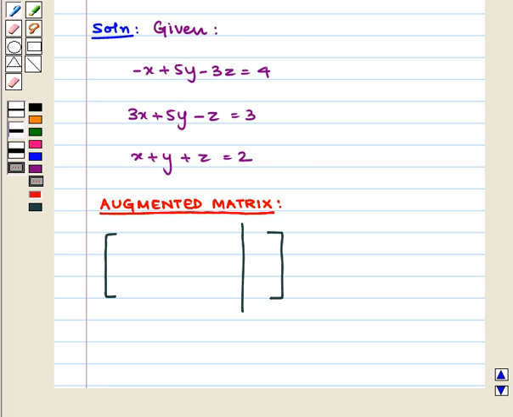The first three columns are of the coefficient matrix, that is minus 1, 5, minus 3, 3, 5, minus 1, 1, 1, 1. And the last column is of constant matrix, that is 4, 3, and 2.